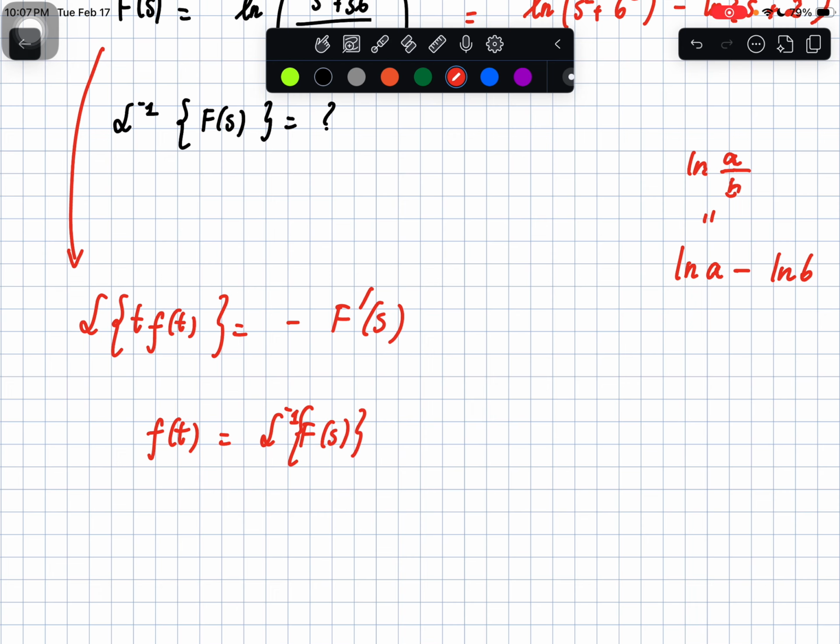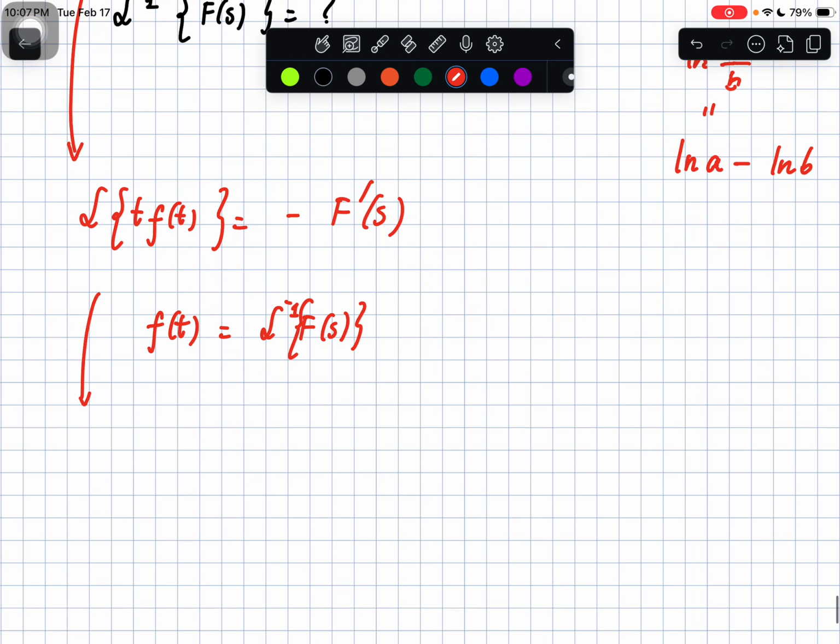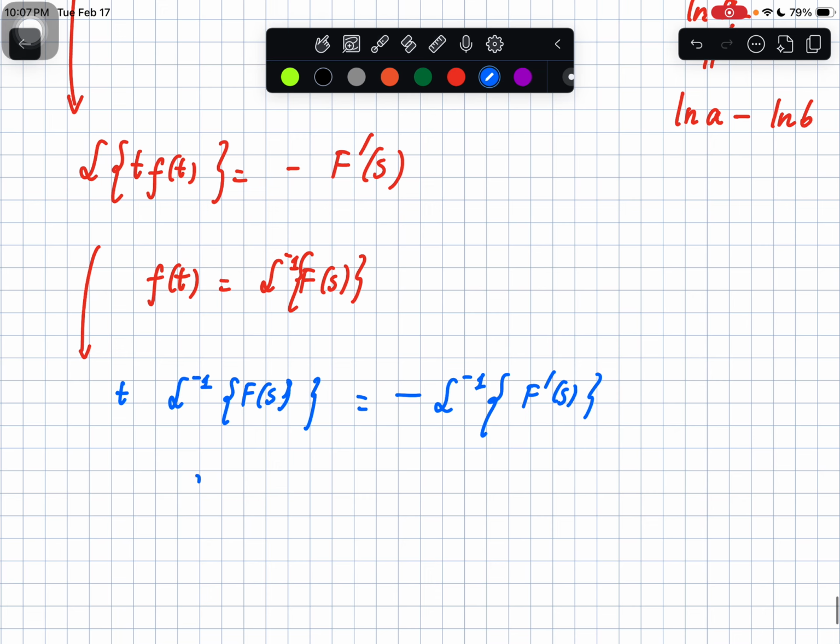So this is to say that if you do the inverse transform of both sides of that equation, you have t f(t) is the inverse transform of minus F prime(s). So the inverse transform of big F equals minus 1 over t times the inverse transform of big F prime of s.